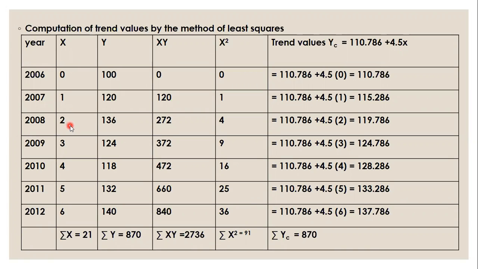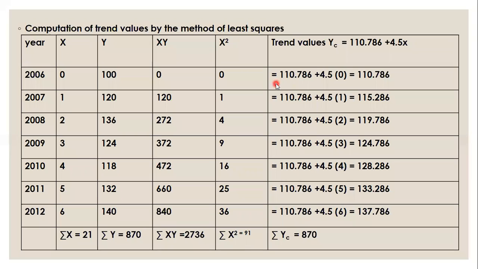So 0, 1, 2, 3, 4, 5, 6, we have already assumed them. Now in the place of x, we are supposed to consider the respective value for the respective years. So 0 for 2006, 1 for 2007, 2 for 2008, 3 for 2009, 4 for 2010, and so on up to 6 for 2012.